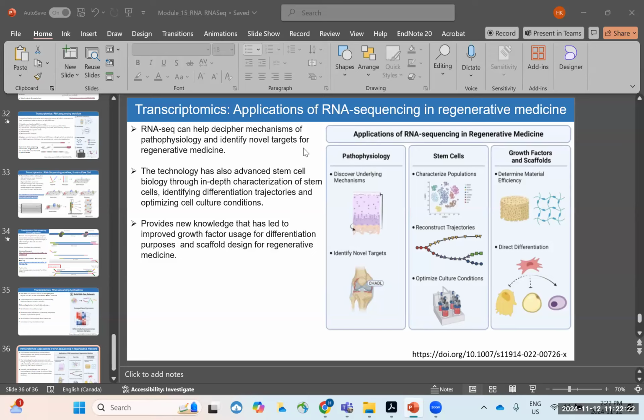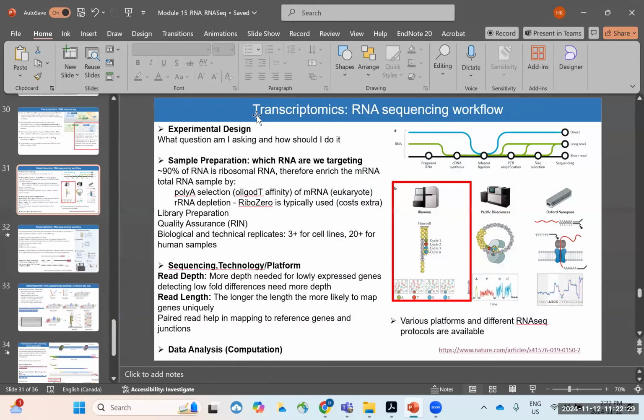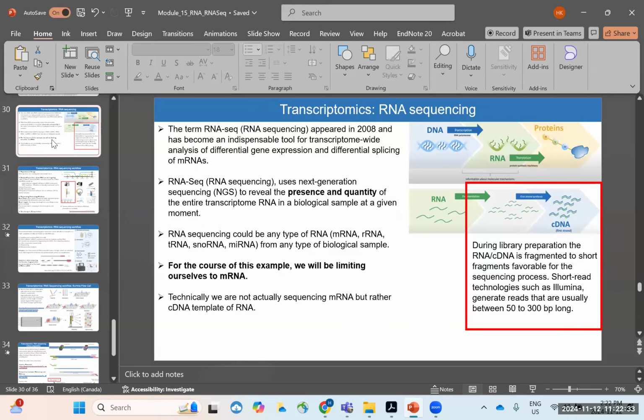So that's not something I will ask you. But the details of how you prepare the cDNA and how you fragment the cDNA, the type of the cDNA, or what the multiple steps of RNA sequencing are, that's probably where I will ask you questions.